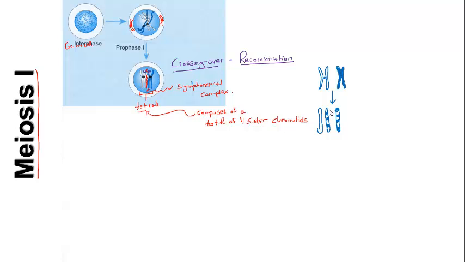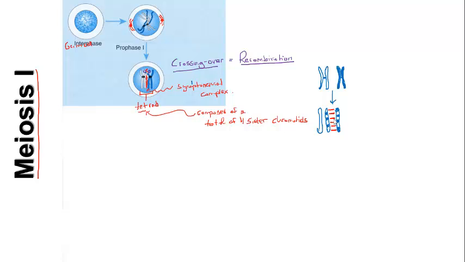So what happened is a crossing over event occurred between these tips, this segment right here, these two segments right here, and then these two segments right here, to give us this kind of alternating banding pattern of the sister chromatids.